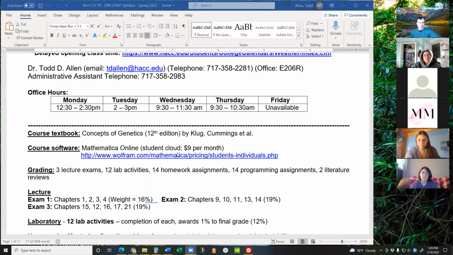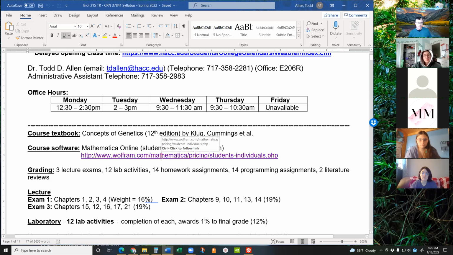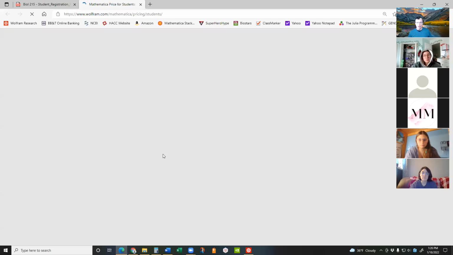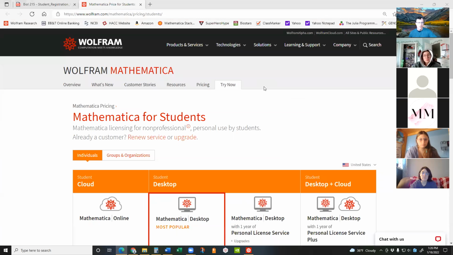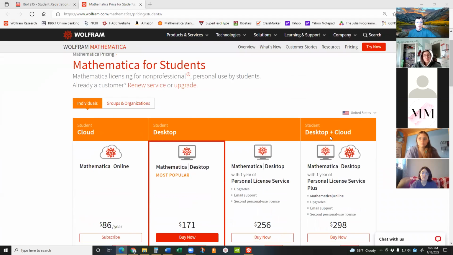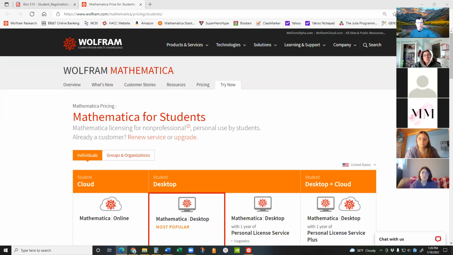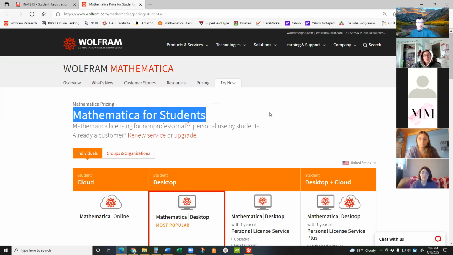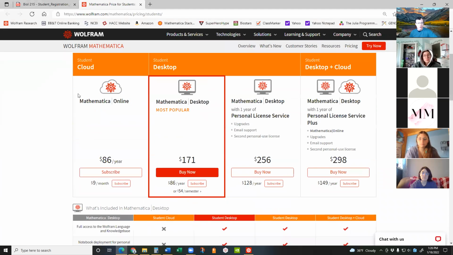Okay, and so let me just bring this up in the web browser here, right? So your syllabus has the information you need here. There we go. Okay. So when you use the link that's been provided through email or on your syllabus, it'll bring you to this web page, Mathematica for Students. And what I need you to do is to sign up for this Student Cloud one right here.